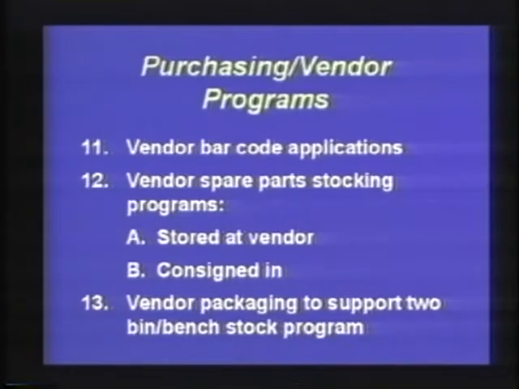And when we start to look at the smaller quantities that are used in the two-bin or the bench stock program, we would want to set up the packaging to be done by the supplier, and in many cases where it is a practical method of reusing, recycling the packaging material between the supplier and yourself. That certainly is going to reduce some of the supplier's expense in terms of supporting the smaller package quantity versus those larger lot sizes that are currently being packaged.